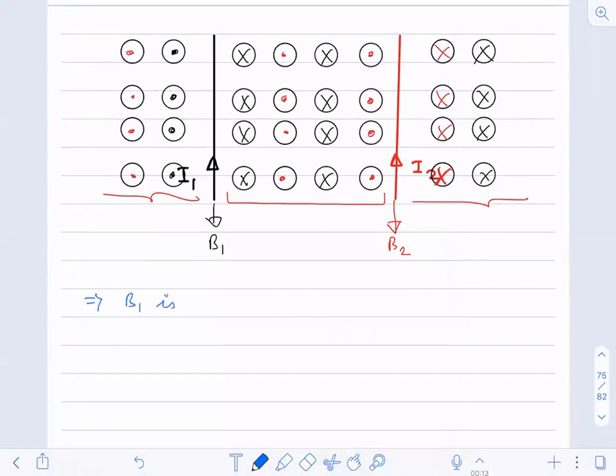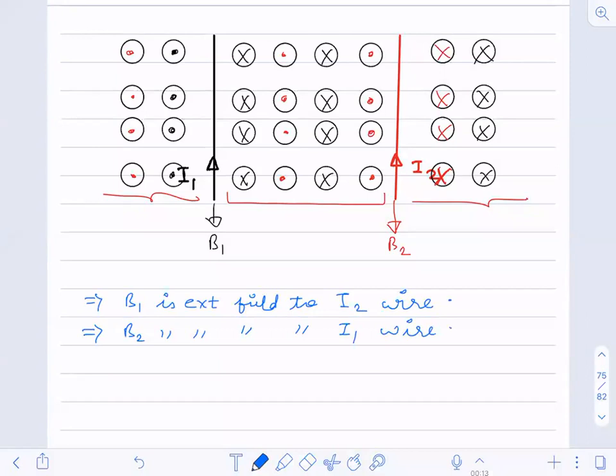B1 is external field to I2 wire, whereas B2 is external field to I1 wire. Correct or not? Did you understand?